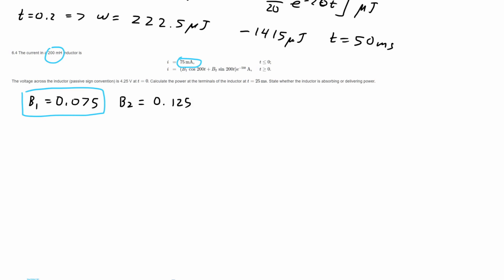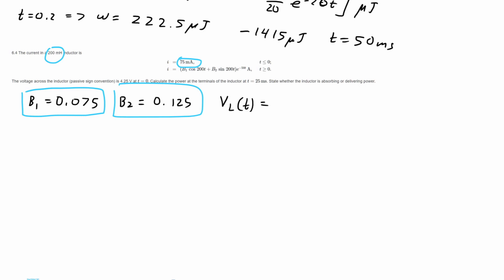Then, once you have B1, plug it back in for B2 because we have a voltage right here. So we're going to integrate the current and plug in the voltage initial value at time equals 0 and use that to find out what B2 is. So once you have those two values, we got to take the expressions we've derived for the voltage.